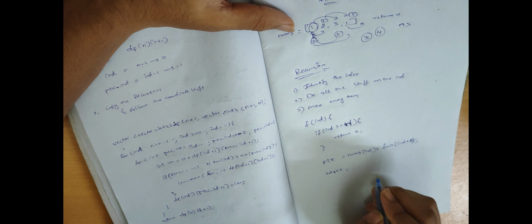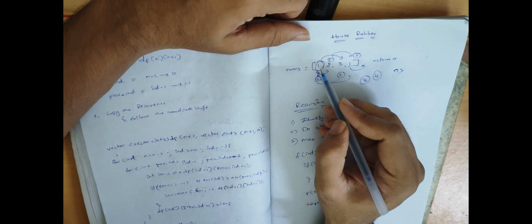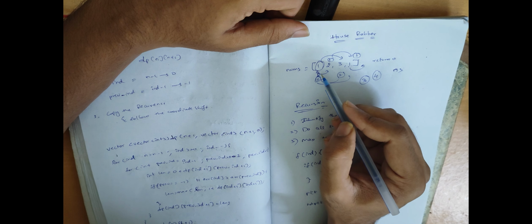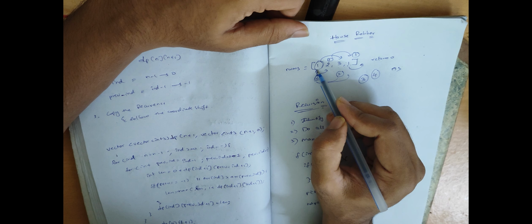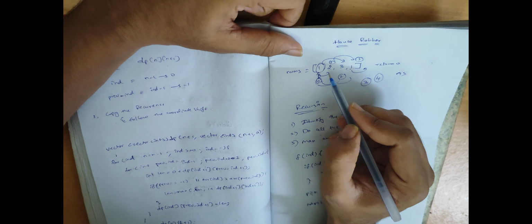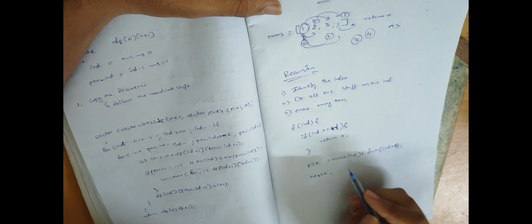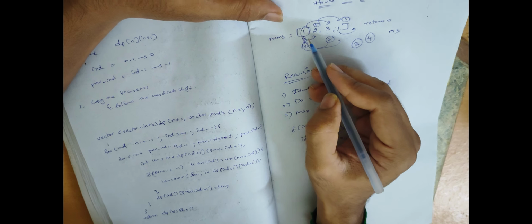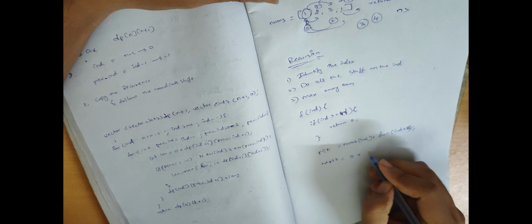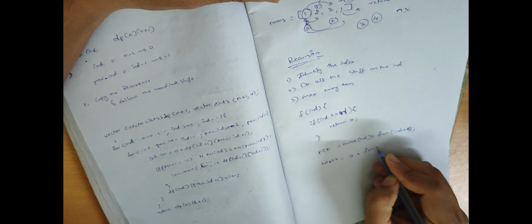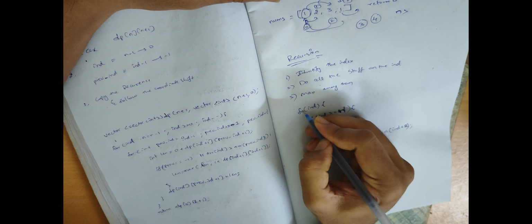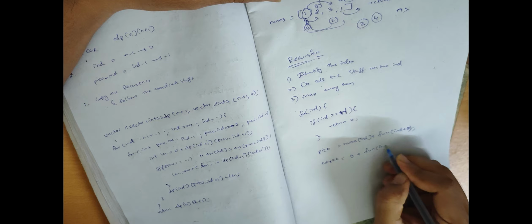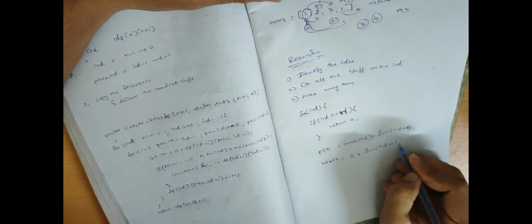And when it comes to not pick, the thief doesn't pick the first house. Now he tries to pick the second house. So 0 plus, and he leaves the first index, f of index plus 1.